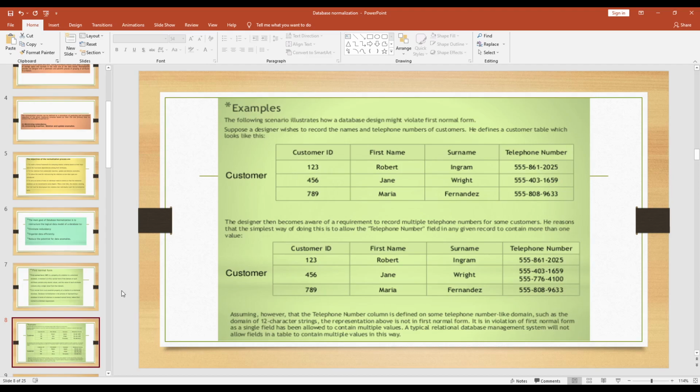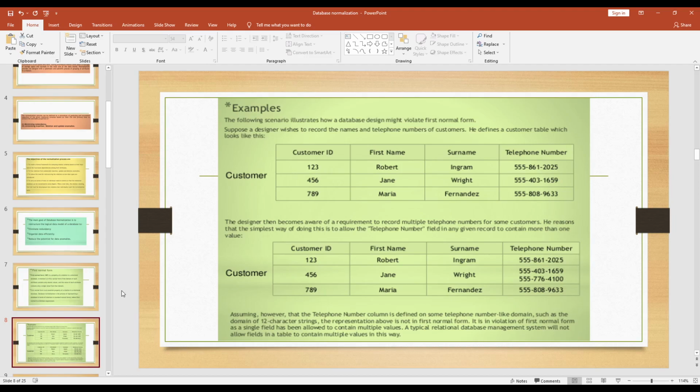The second column is first name: Robert, Jane, and Maria.